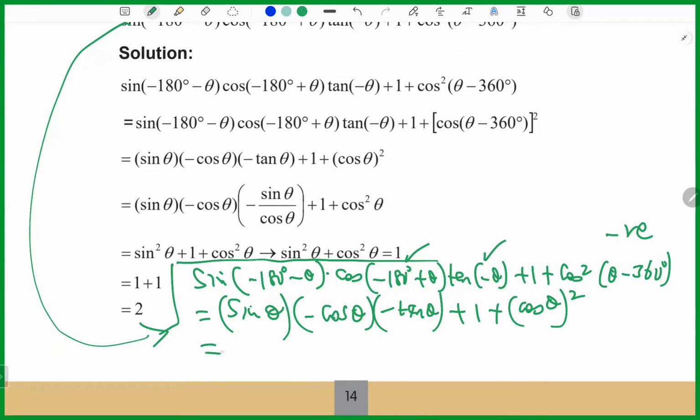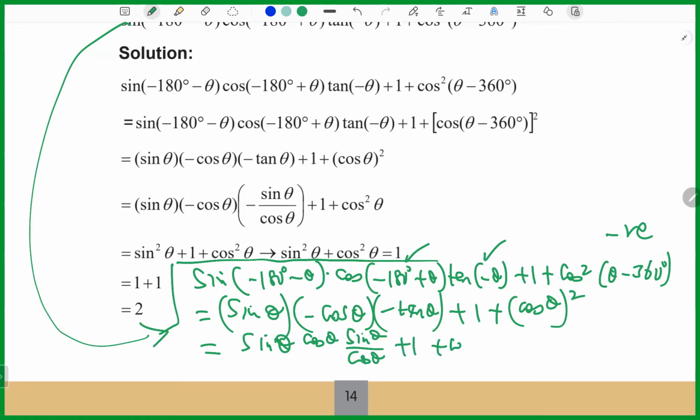Now what is all this here? We have negative and negative, which becomes a plus, and then you have sine theta, cosine theta.